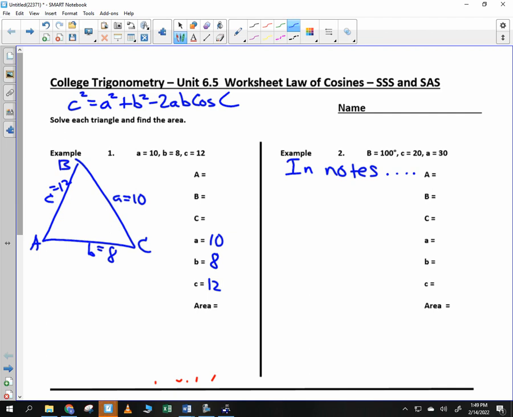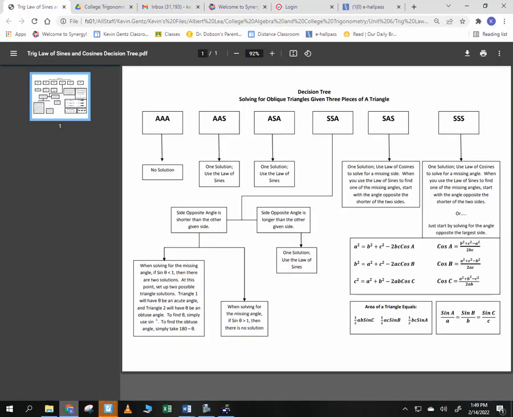Side, side, side. I'm going to go to my decision tree. Please pay attention because people got confused with this the other hour. Side, side, side. Be confident there is one solution. Use the law of cosines. You can cross off that next section where it says when you use the law of sines. Just disregard it.